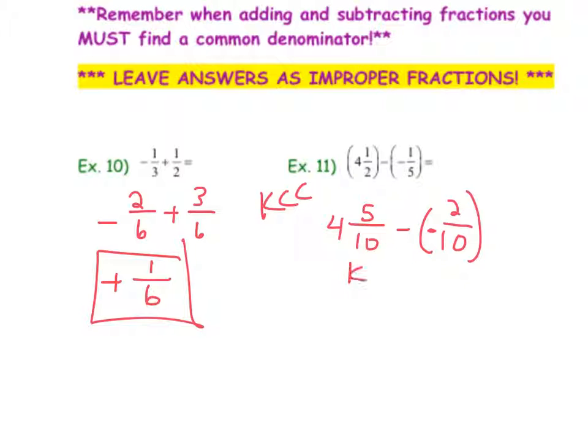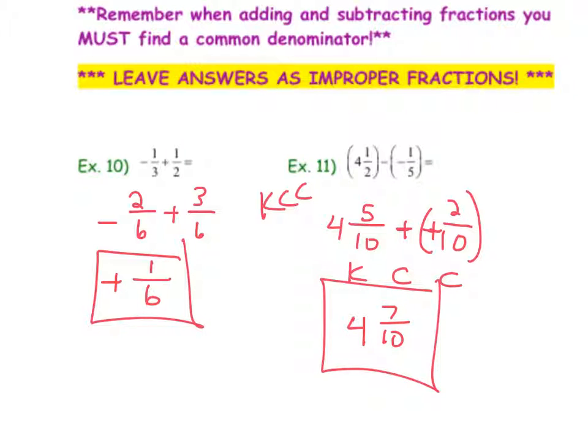So I'm going to keep the 4 and 5/10. I'm going to change the subtraction to addition, and then I'm going to change the negative 2/10 to a positive 2/10. So I end up with, I have to add. Now everything's positive, so I get 4 and 7/10. Pretty simple. Don't let fractions scare you, because they're not scary.